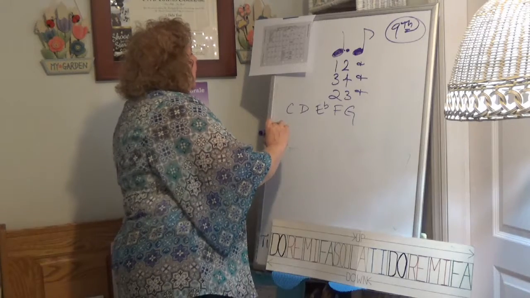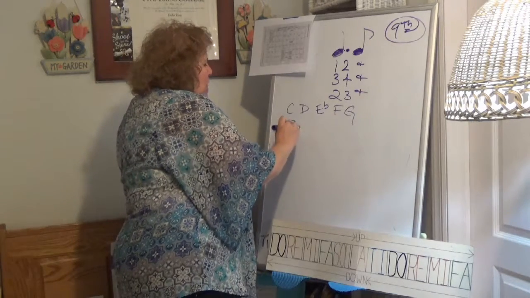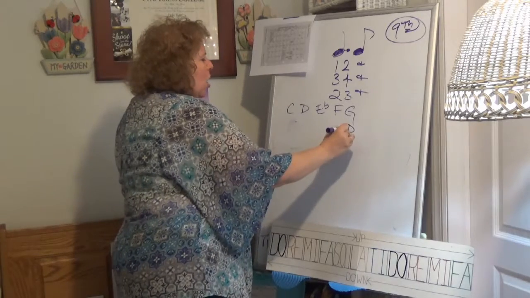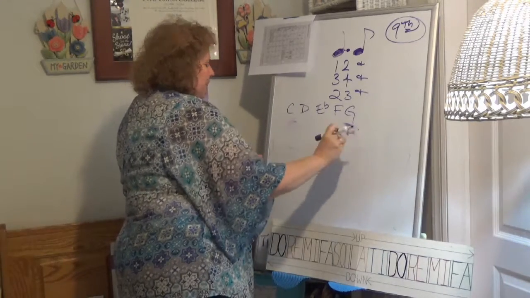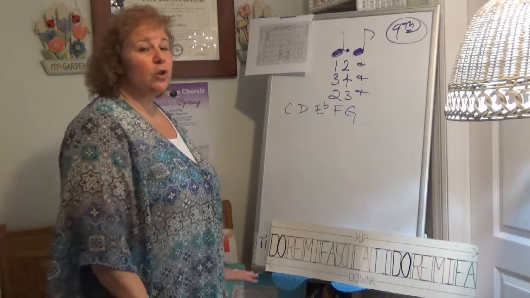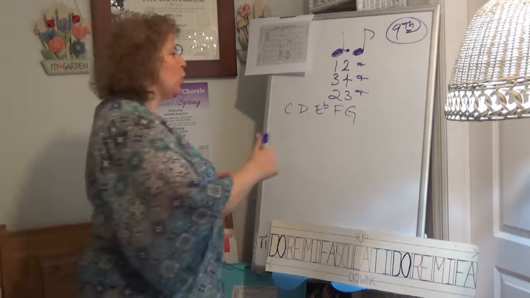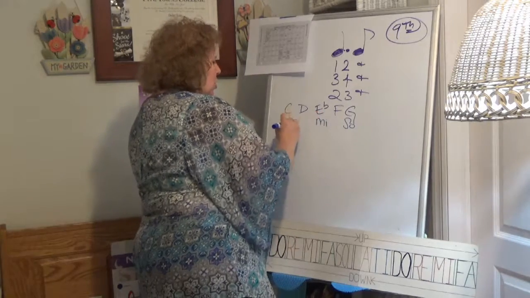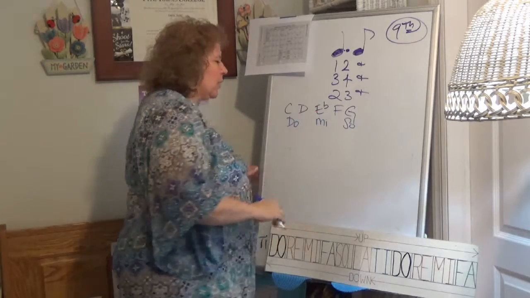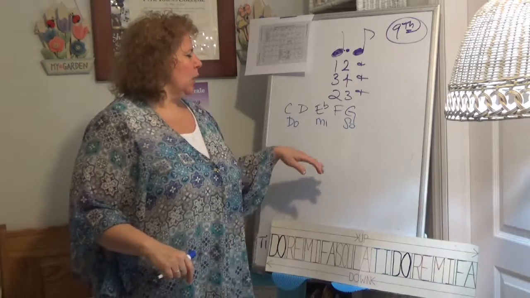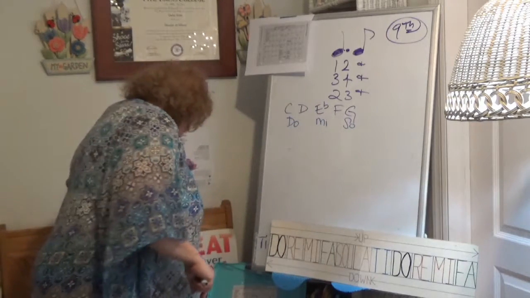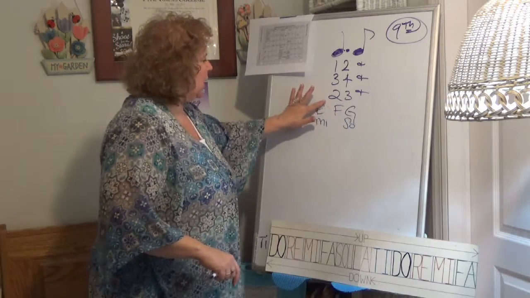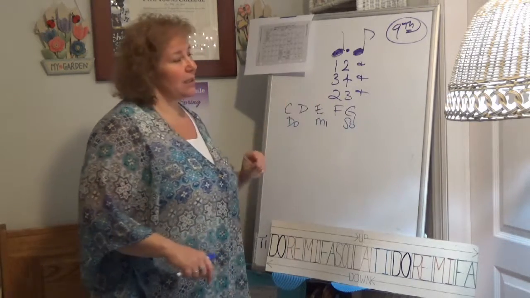They're going to add, watch me write this because it's descending. So I was trying to show you sol, mi, do, descending. So it wouldn't be an E flat in the key of C, it would be just an E, so I'm just going to make these notes instead of keys right now.